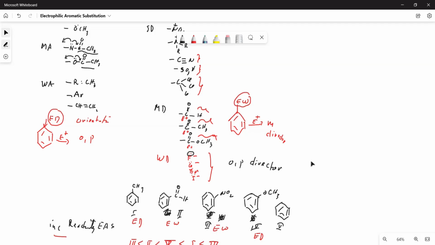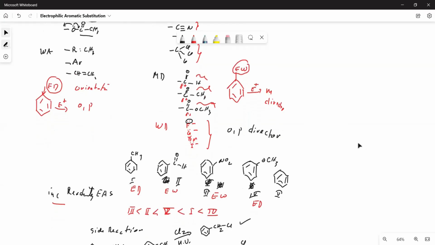Okay, now, based on those classifications, it is now easy for us to arrange the following aromatic compounds in terms of increasing reactivity, for example, to electrophilic aromatic substitutions.